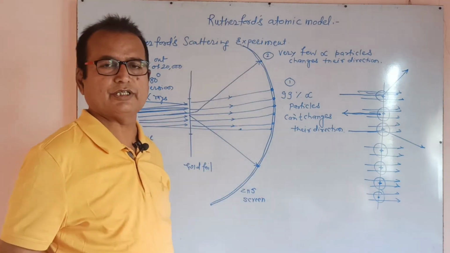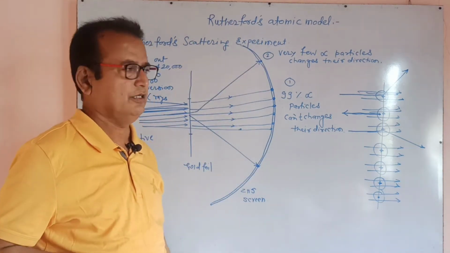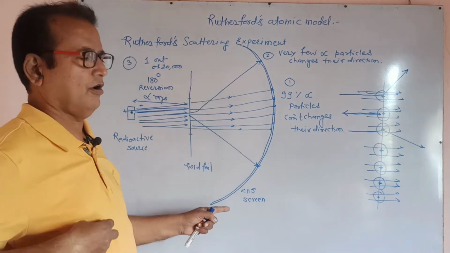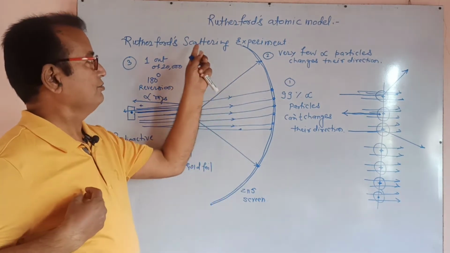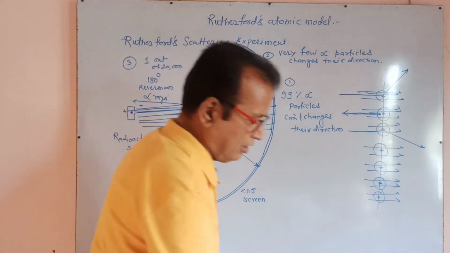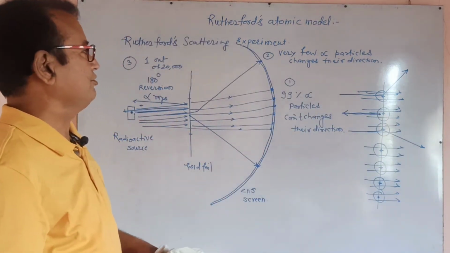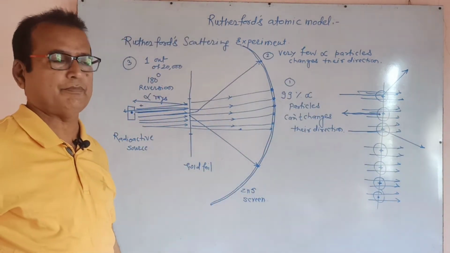After this observation, there must be a type of conclusion. You observed this experiment, and so many observations are there. Now we are coming towards the conclusion part.